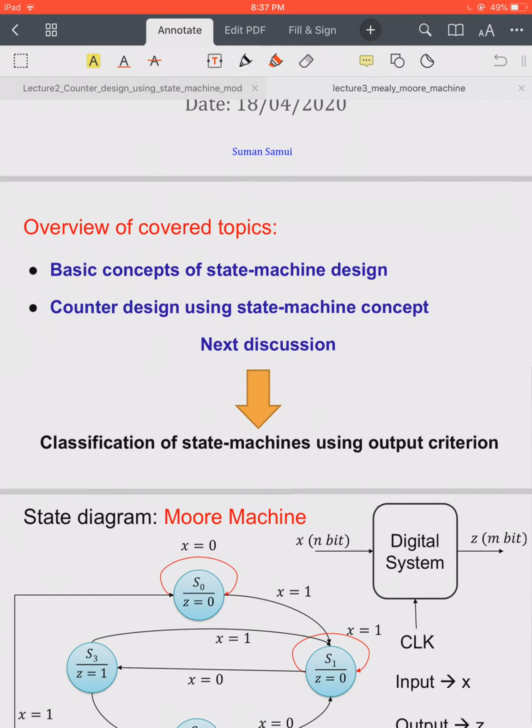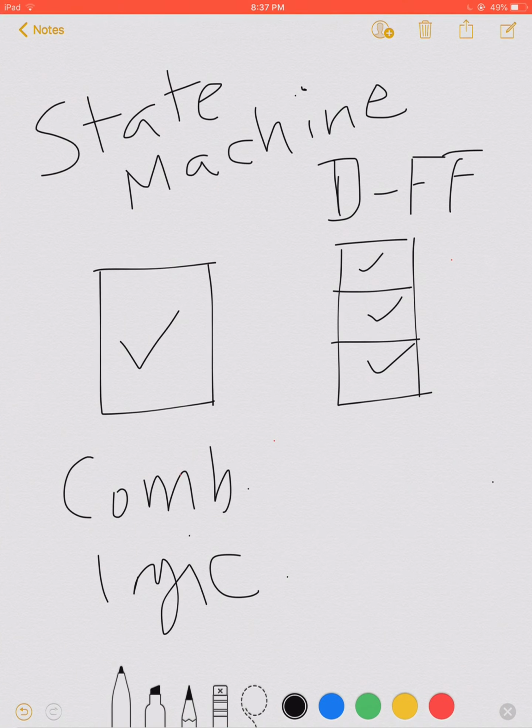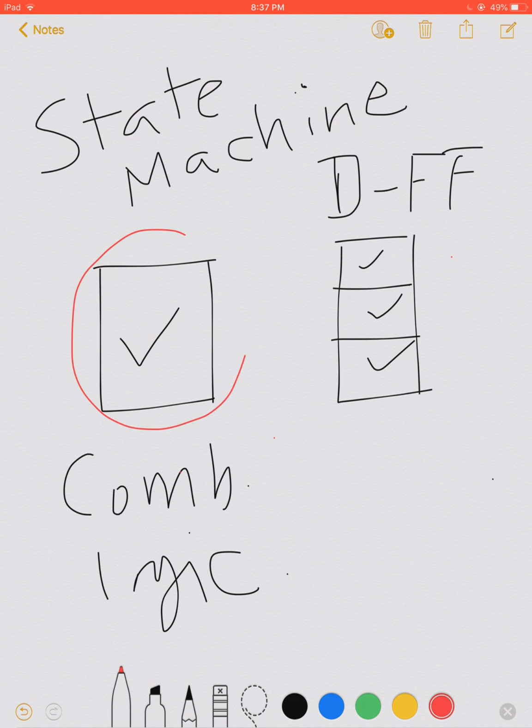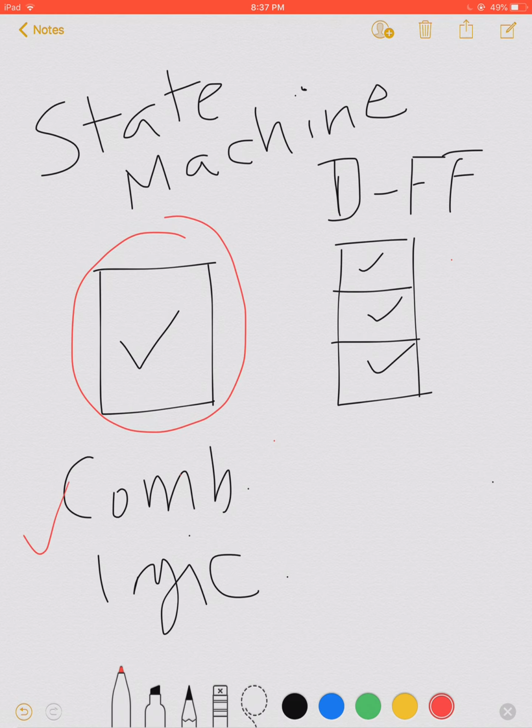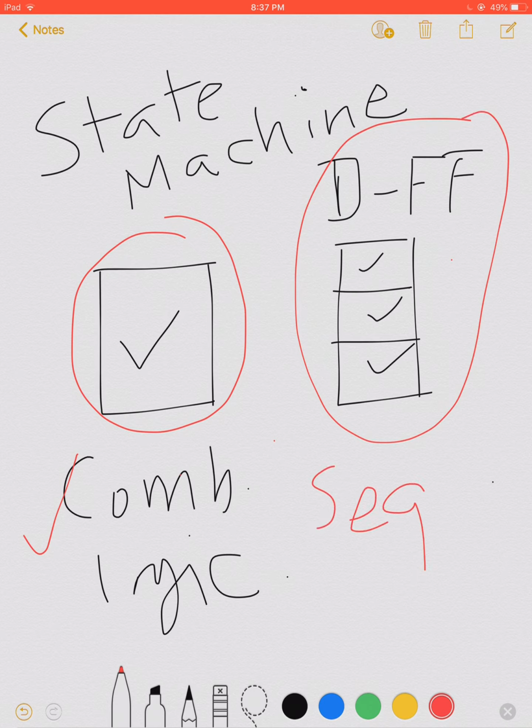From the design point of view, your state machine consists of two blocks. One is the combinational logic block, and another block is the sequential logic block, which basically contains the D flip-flops.